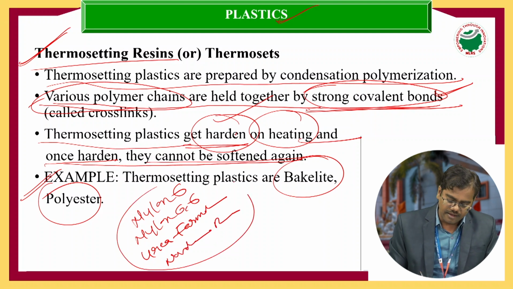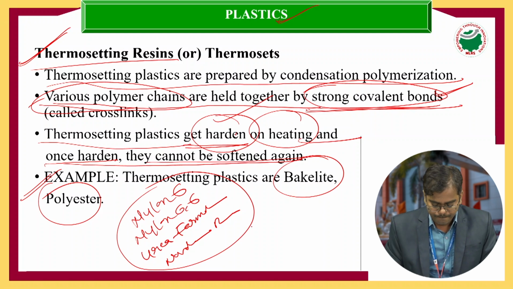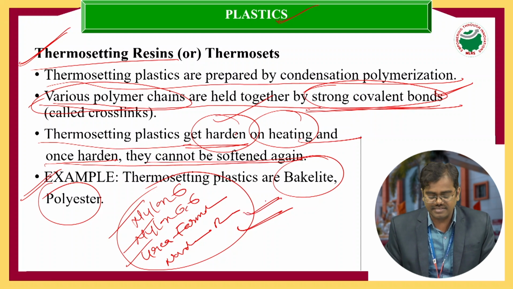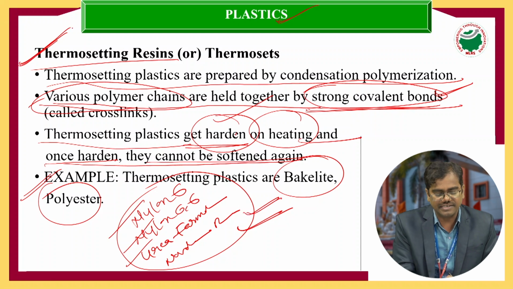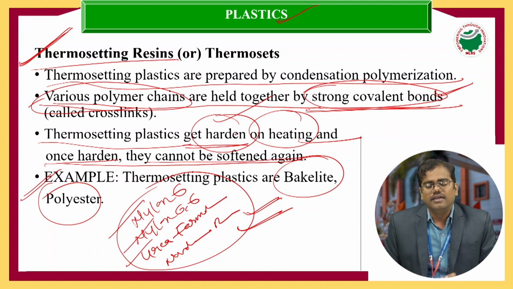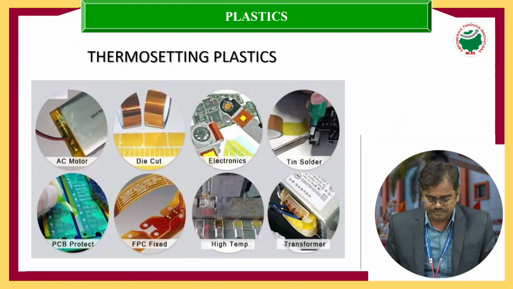These are nylon 6,6 polyamides, urea formaldehyde resin, and novolac resins. These are the best examples of thermosetting resins. So the compulsory question will be asked: write the differences between thermoplastic resins and thermosetting resins.